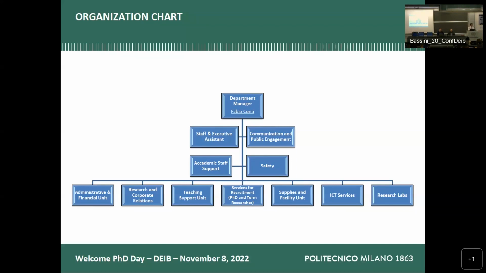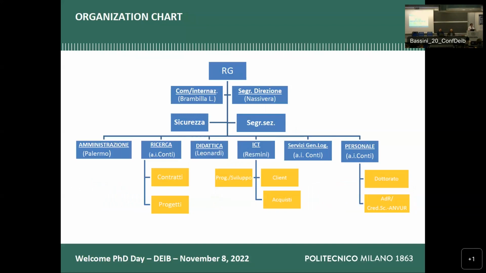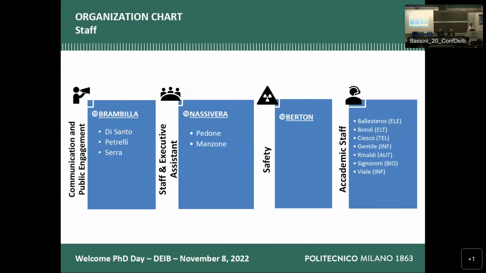And then we have several services, several units that are focused on some themes related to the organization of the department. This is the same slide in Italian, so the first one is in English and this is in Italian. And then we have the details about the organization chart.